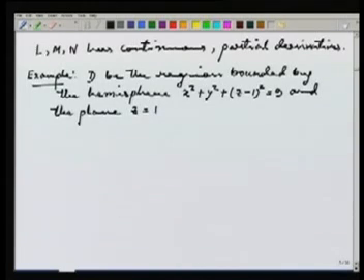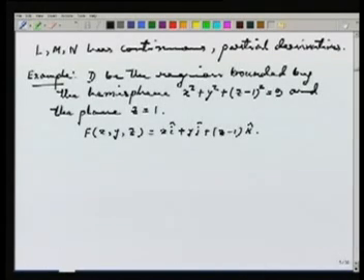Okay. So we want to verify the divergence theorem for some particular vector field F, which I am going to now define. So F(x,y,z) equals xi plus yj plus (z minus 1)k.